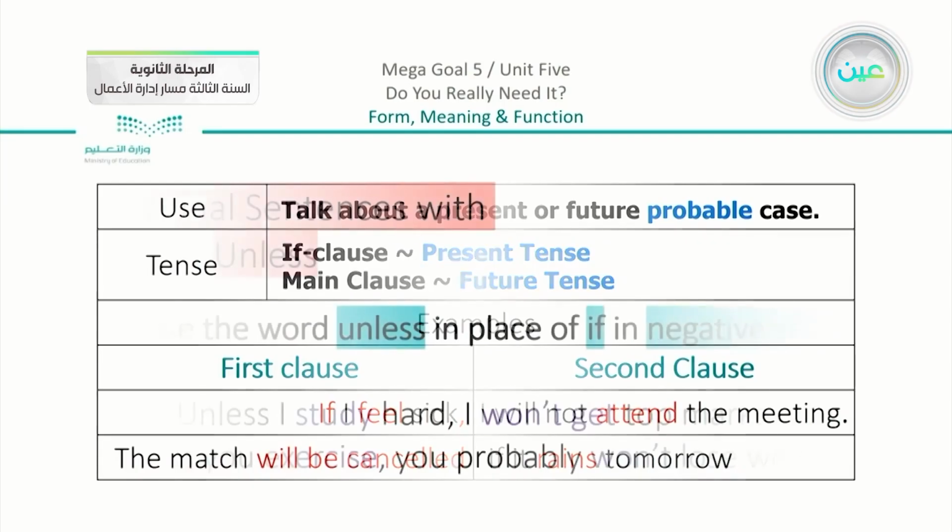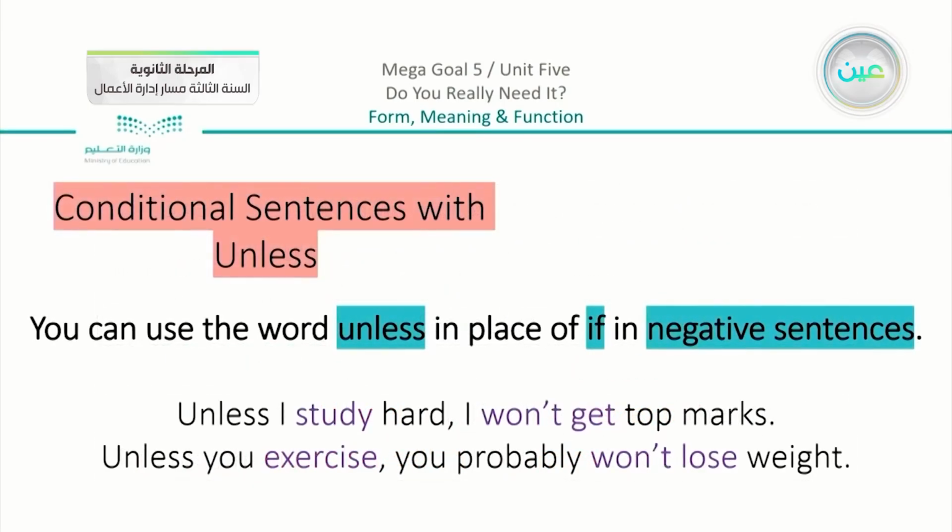Now also we have something else. As we used when with the zero conditional, here I can use conditional sentences with unless. You can use the word unless in place of if, but put in mind they have to be in negative sentences. So the same idea, I can replace, but I have to make sure that if I am using unless, there is a negative meaning in the sentence.